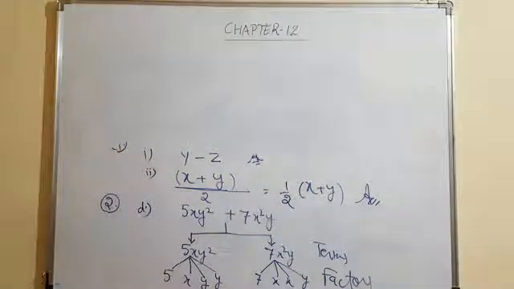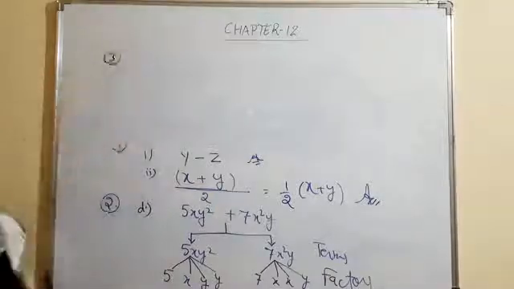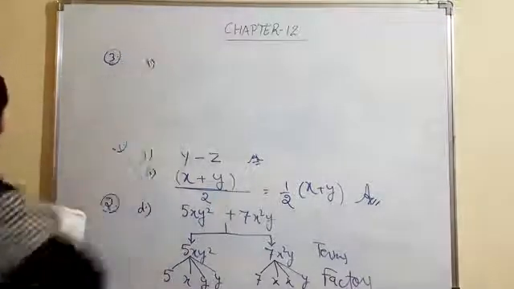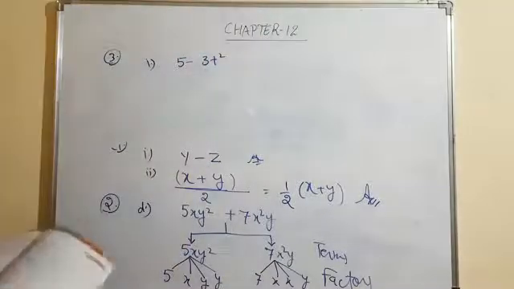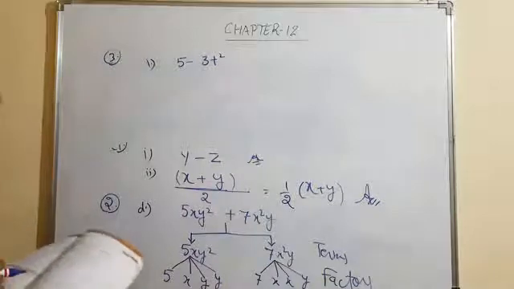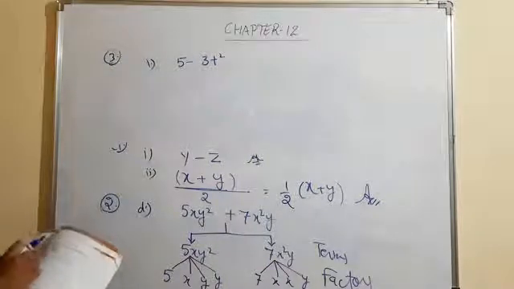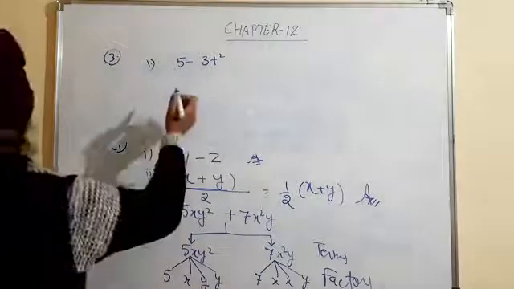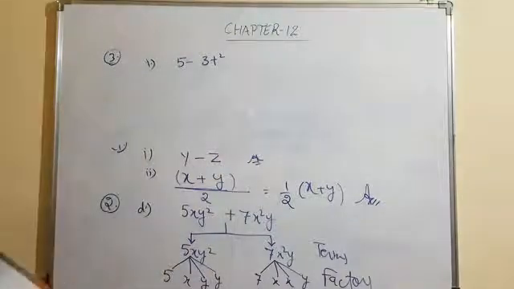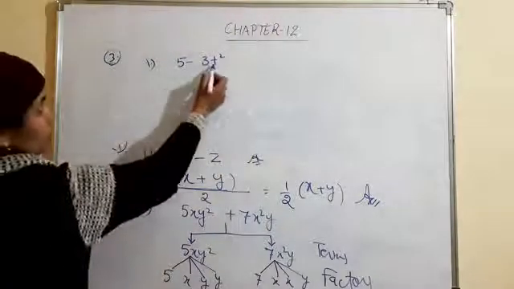Question number 3 is: identify the numerical coefficient of the terms other than constants in the following expressions. So in question number 3, I am taking the first one. The first expression is 5 minus 3t square. Now the question says identify only the numerical coefficients of terms. Coefficient means the multiplication of a number with the variable.